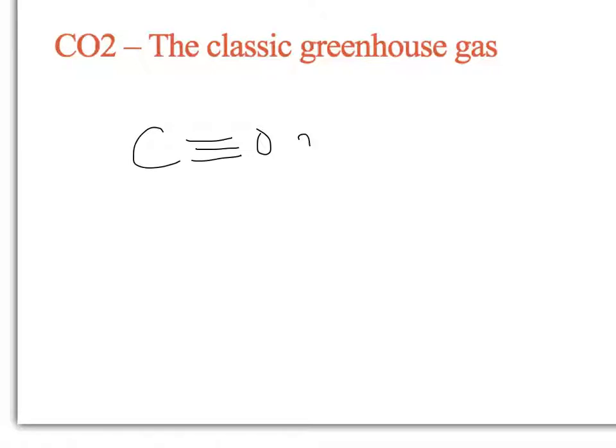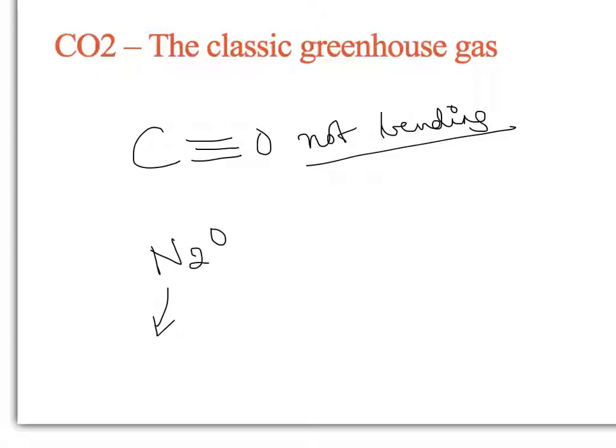There will not be any bending here in a diatomic molecule. Whereas N2O, you'll have asymmetric, symmetric, and bending. And you'll have to determine which one is IR active, which one is not. Remember, you are looking for a change in dipole moment.